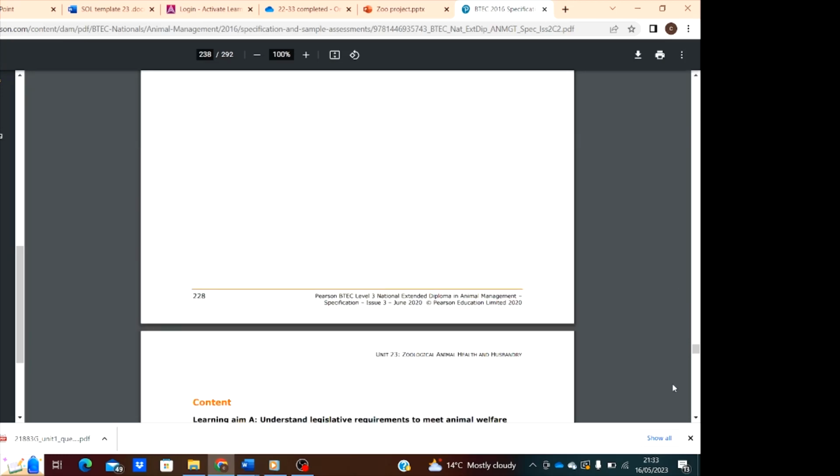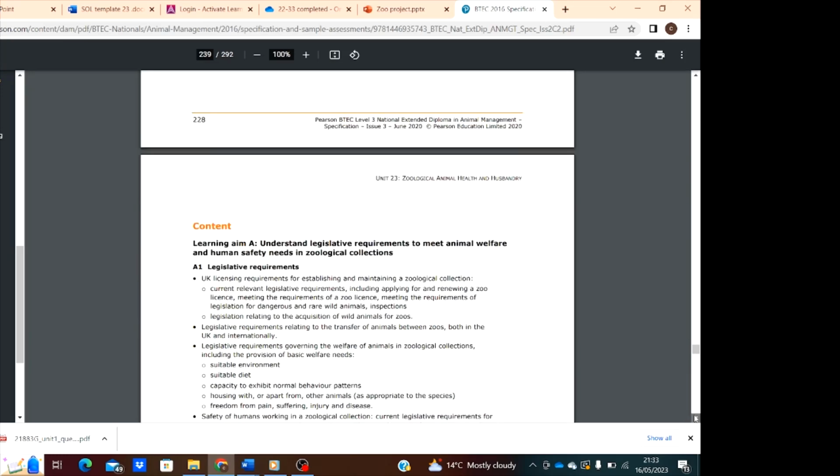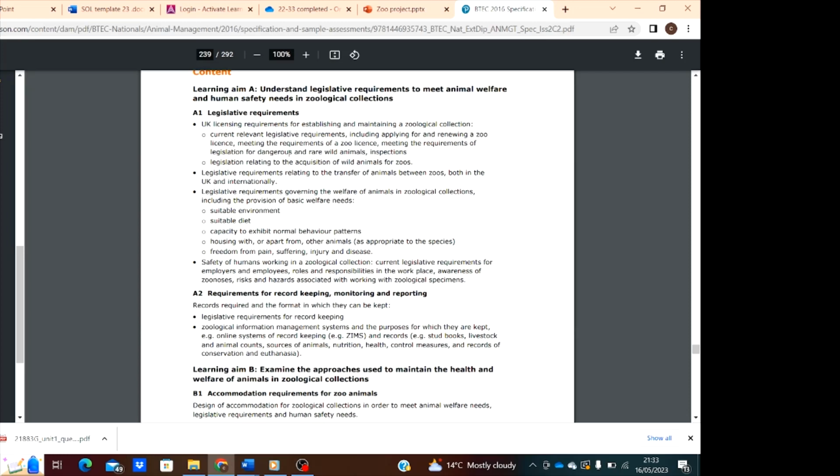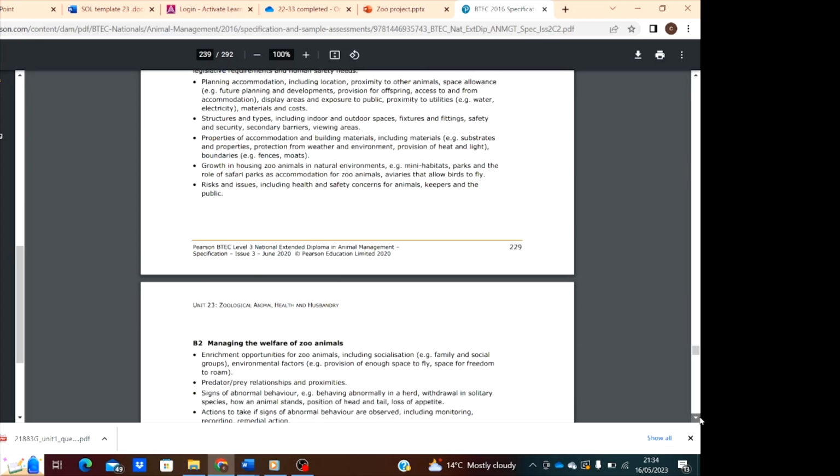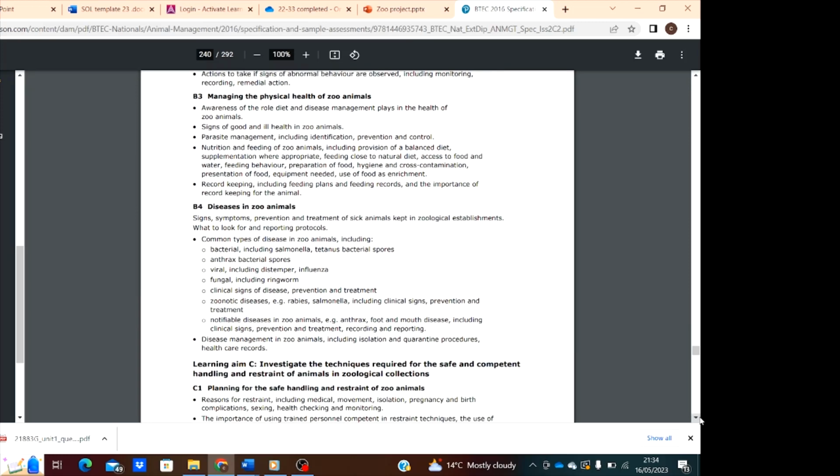So content learning aim A starts with legislation. Obviously that's a really good starting point for any unit, because it gives you the reasons for why you undertake all the tasks that you do. Then we move on to record keeping. A bit further down we talk about accommodation, and then finally we move on to restraint of animals.